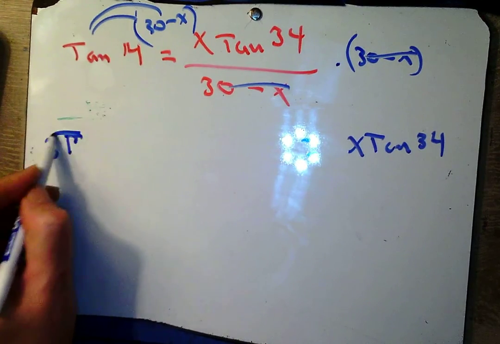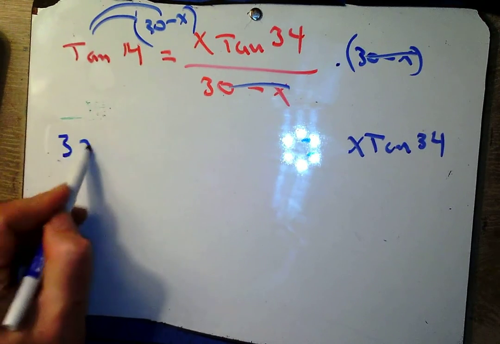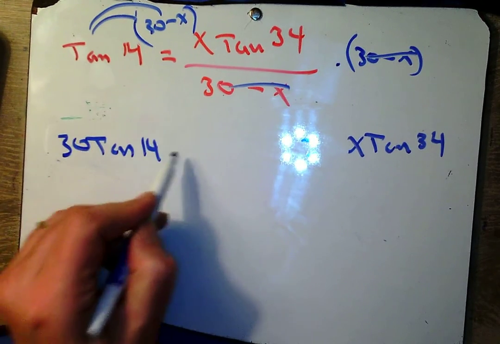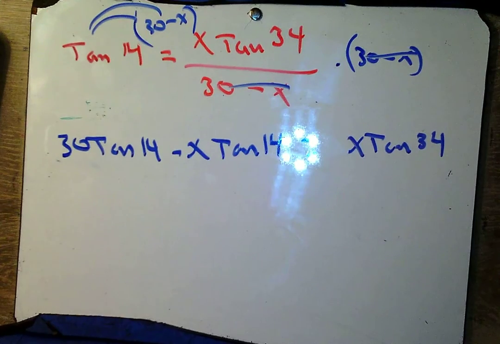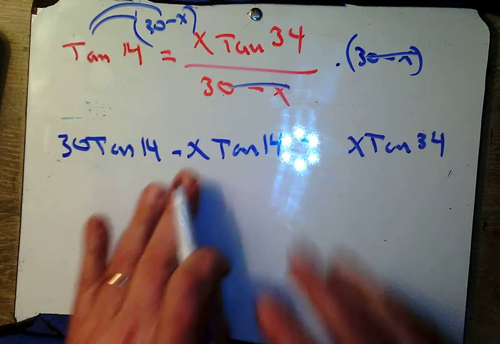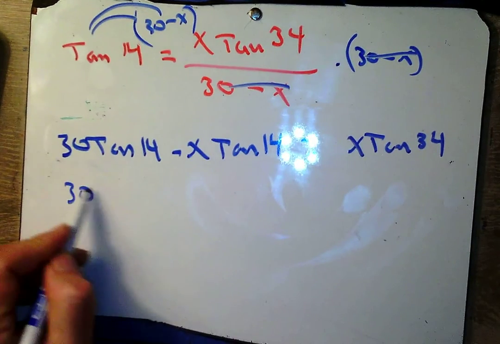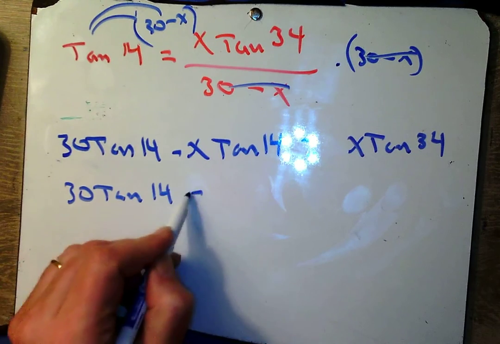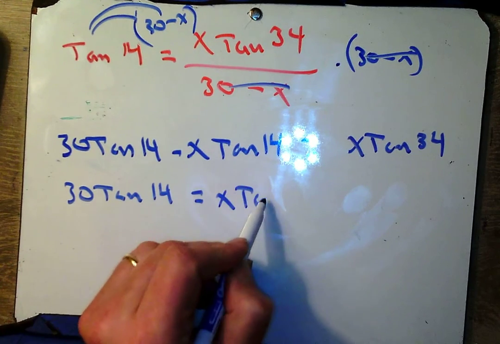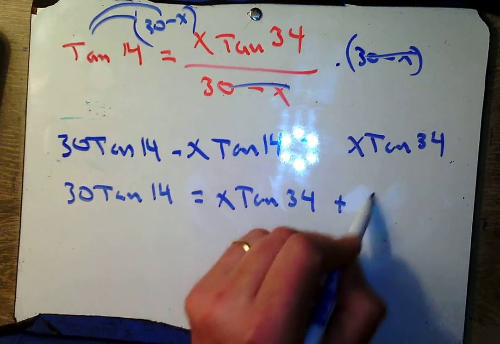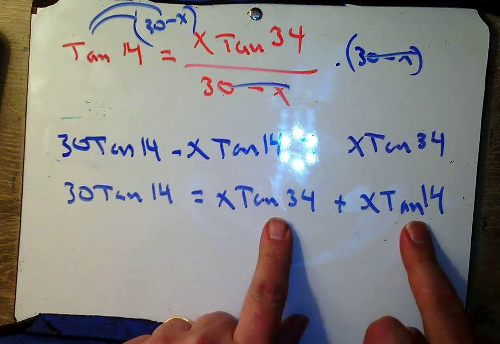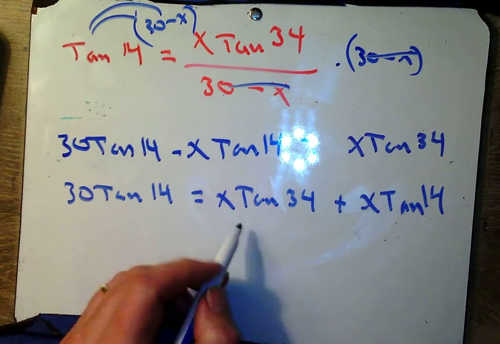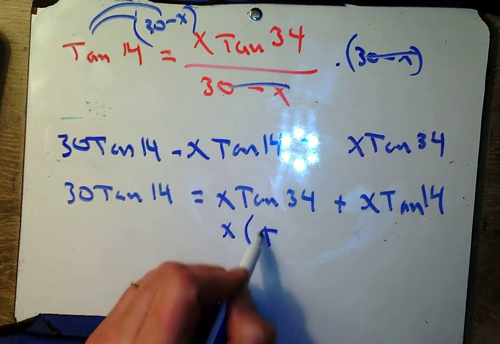So 30 tan 14 minus x tan 14. All right. And we're going to get all the x stuff on one side. 30 tan 14 equals x tan 34 plus x tan 14. And no, I can't add these together. But I can factor out an x.